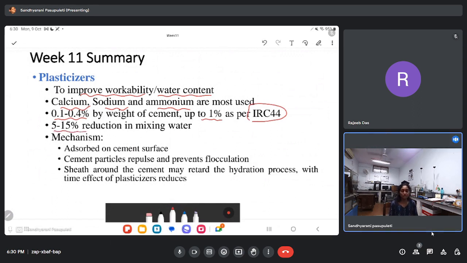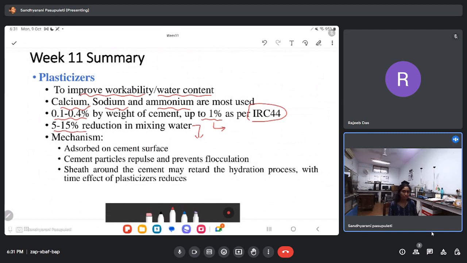So the advantage of adding a maximum of 1% plasticizer is a 5 to 15% reduction in mixing water. That means even with up to 15% less water, we can still achieve the required workability.